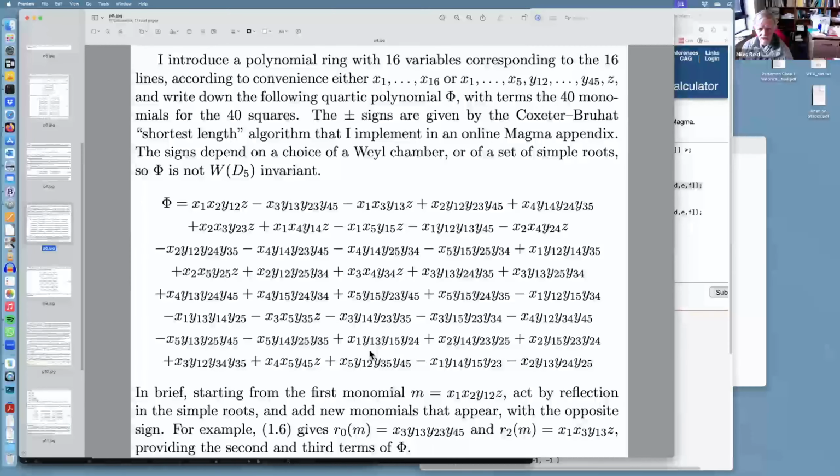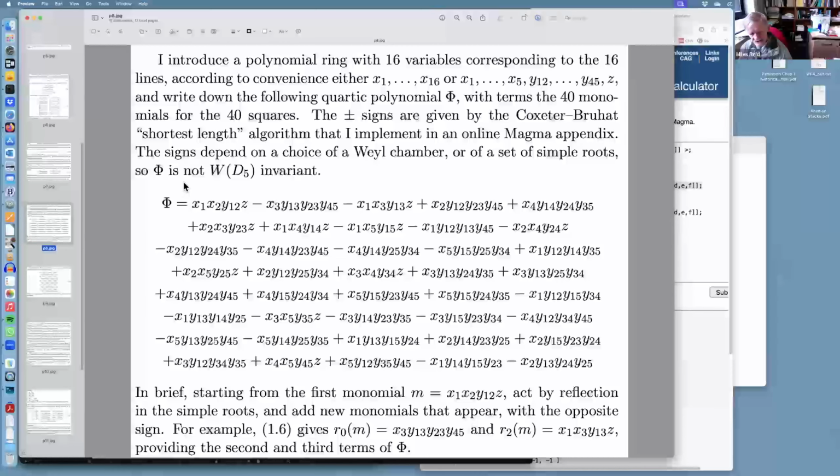Right, now, using these 16 lines, I introduce 16 variables, so I can call them x1 to x5 and then y2 to y45 z, following the terminology, or sometimes I might just want to think of them as 16 elements. Yes? And I have these privileged 40 squares.